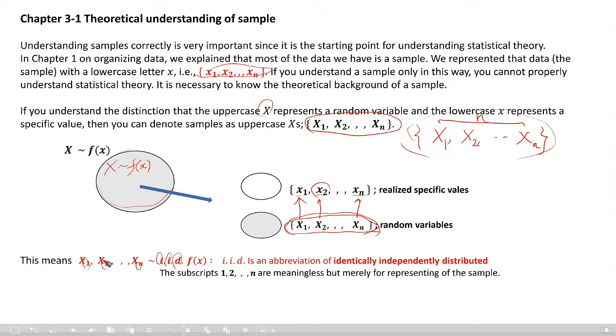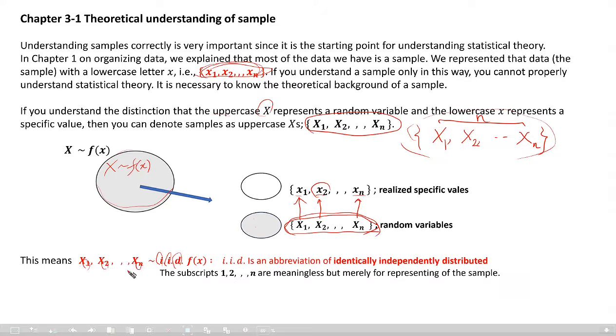Then what? Identical, x, x, x, x. Independent, they are independent, okay? When you get data, small x1, x2, xn, I said they are independent. So they are n independent observed values here. Same thing here. Independent.